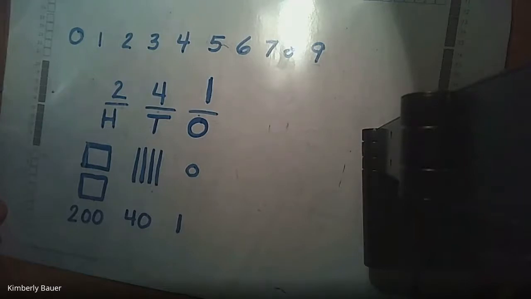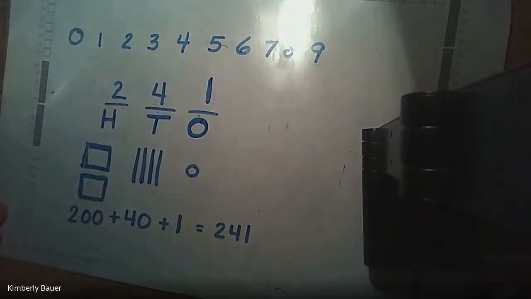Now here's where the patterns come together. If we take this 200 and we add on 40 to that, and then we add on one more, we get the number 241, which goes right back up to our 3-digit number.